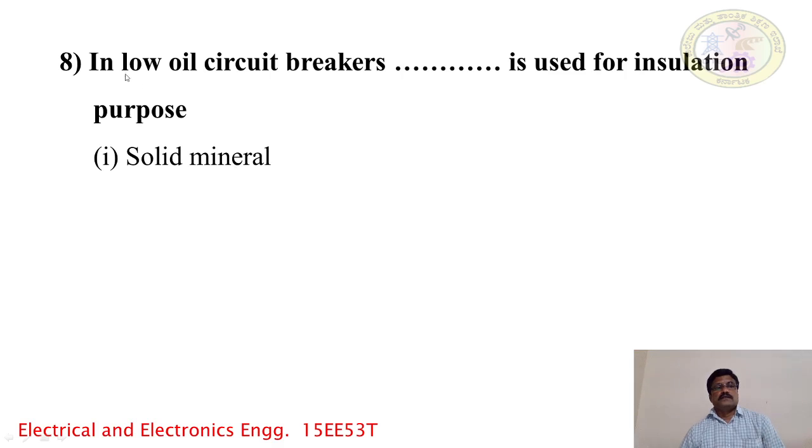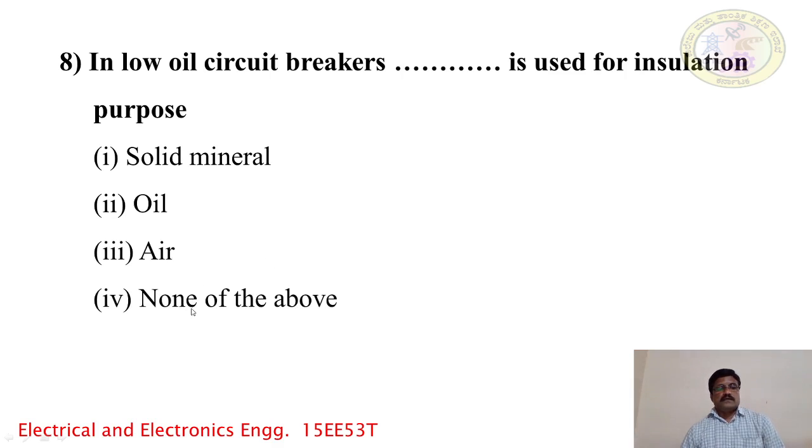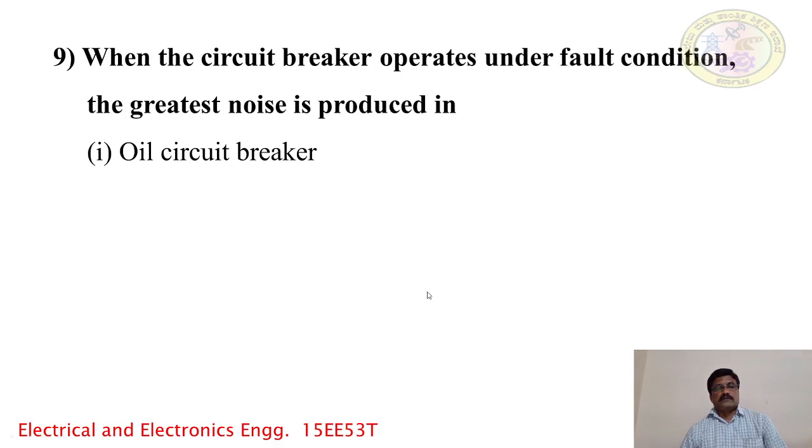The options are: solid mineral, oil and air, and none of the above. So definitely oil is not used for insulation purpose in low oil circuit breaker. Some solid materials are used for insulation.